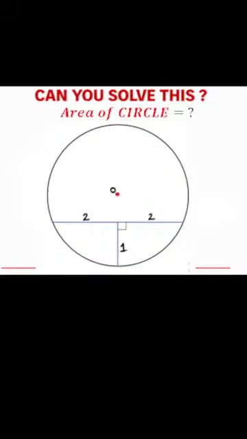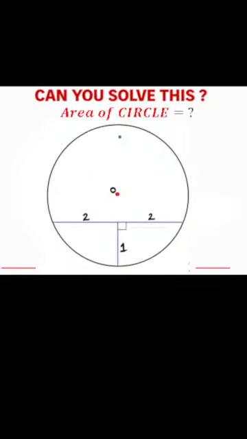Great, guys. 25 by 4 is the right answer. Afan, you are right. Someone has used the Pythagorean theorem, and others are using the intersecting chord theorem. Both are correct, guys.